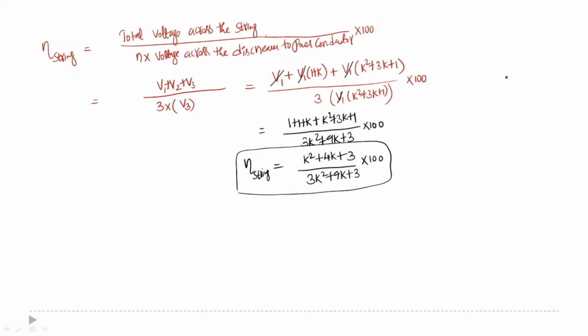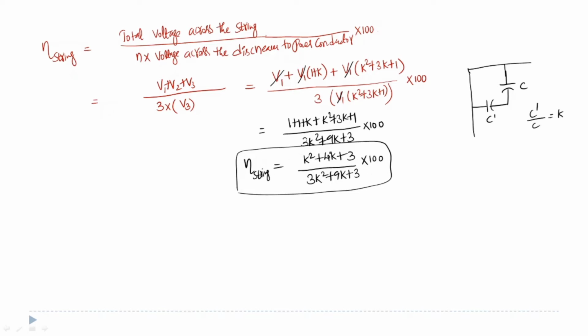Between the metallic link and supporting tower, you have a capacitance, and that capacitance is the mutual or shunt capacitance. This is C dash, and this is the self capacitance. The ratio of C dash to C is K. Now I have expressed the string efficiency in terms of only K.